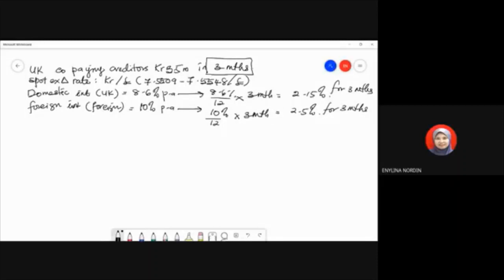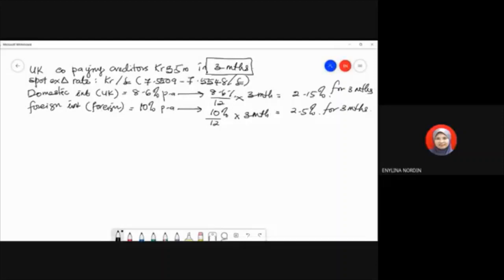The next question is how the UK company protects itself against currency risk. We never know what's going to happen. Normally the home country will apply the MMH for the foreign currency when the company predicts that the foreign currency is going to appreciate.